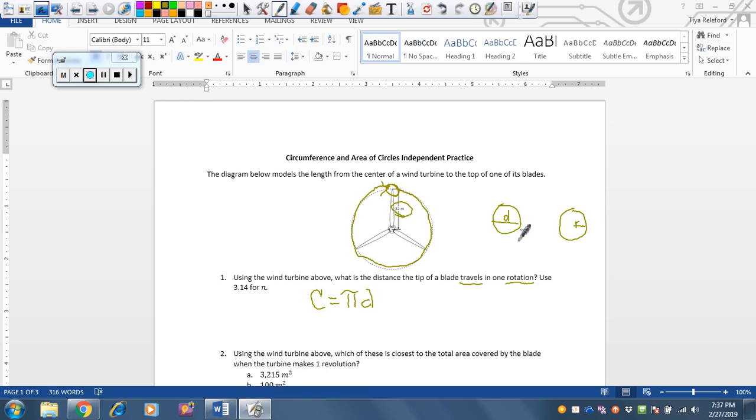So if 32 is the radius, what is the diameter? Whatever you get for here goes in for diameter. And then you're going to multiply for the answer.